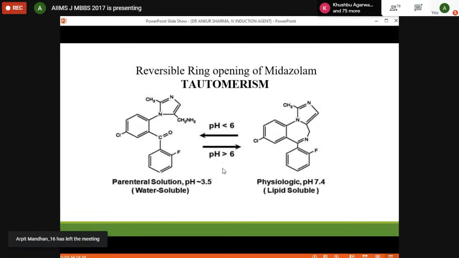But when the pH is greater than 6, like in our body, it converts into lipid soluble. You can see this is the imidazole ring, and this conversion between the two, the opening and closing of the ring, or you can say the water soluble and lipid soluble forms of midazolam, is called tautomerism. This is a term, tautomerism. It can also be used in MCQs in PG entrance exams.